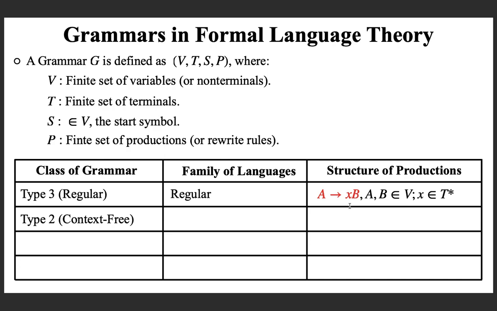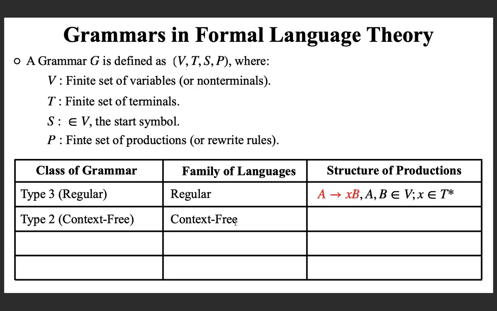And when we learned about context free languages, we learned about context free grammar. They are also known as type 2 grammar, and the family of languages represented is called context free.